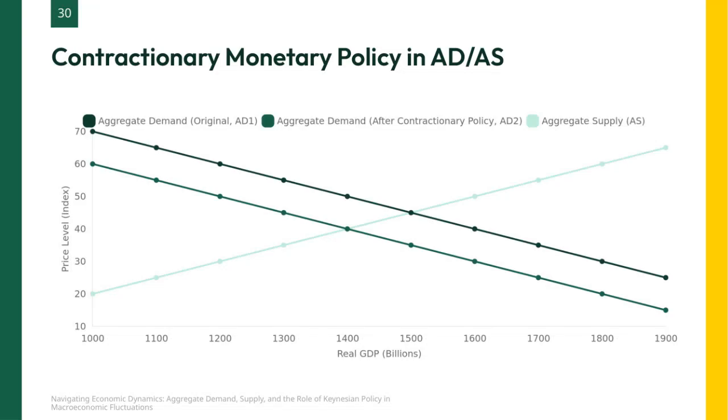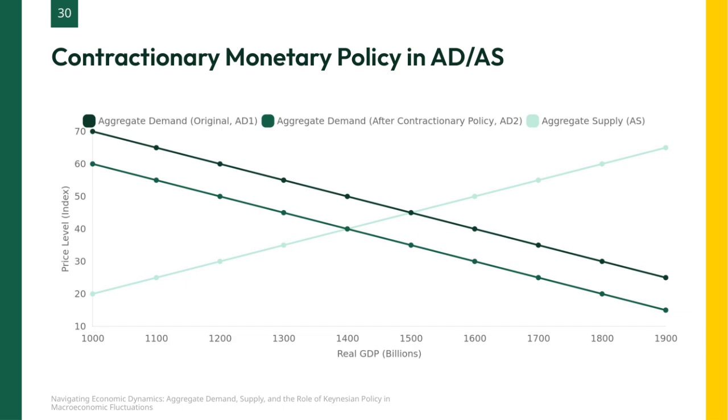Here we see how contractionary monetary policy impacts aggregate demand and aggregate supply. The original aggregate demand curve, labeled AD1, shifts leftward to AD2 after the policy is implemented. This shift reflects a decrease in overall demand within the economy, usually due to higher interest rates or reduced money supply.